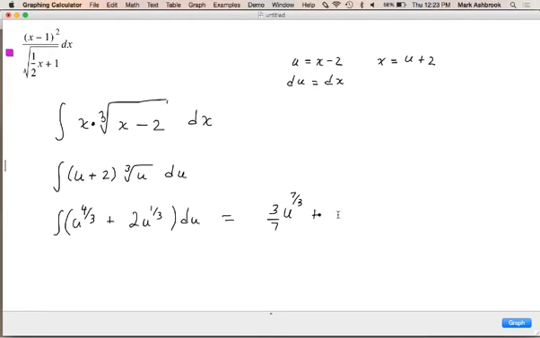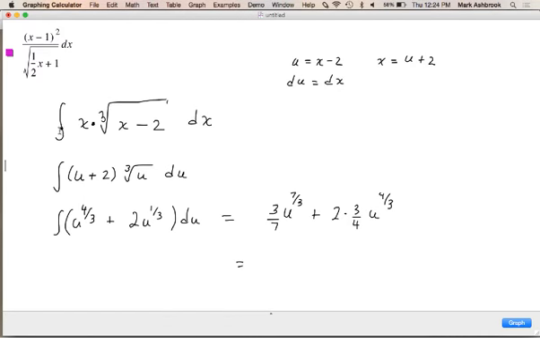Let's do 2 times 3/4, is that right? u to the 4/3. And then our u is x minus 2.